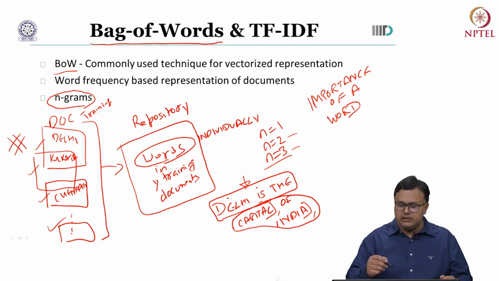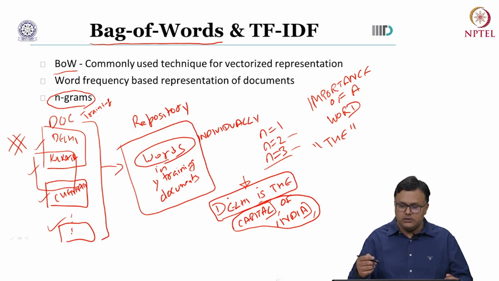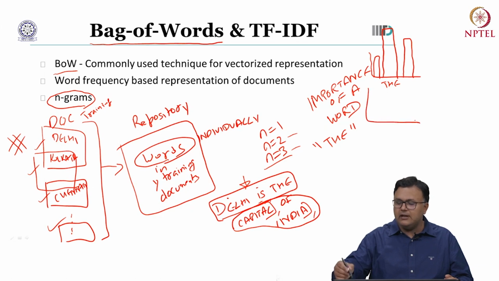The other word is, let's say you have a word the. Now, the word the is a common word and it would be repeated across different documents. So, even if, let's say, in a vector representation of a document, I'm just going to draw a histogram here, the word the could be repeated multiple times in a document, and the other words are of similar or smaller frequency. You would find that in another document histogram, the again could be very high in value, so large frequency.